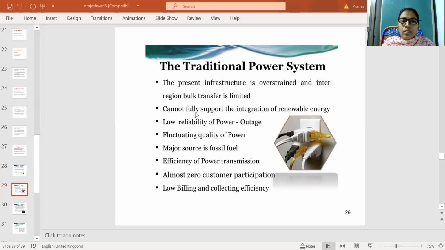So it cannot fully support the integration of renewable energy, and has low reliability with power outages, fluctuating quality of power, fossil fuels as the major sources, low efficiency of power transmission, almost zero customer participation, and low billing and collecting efficiency.